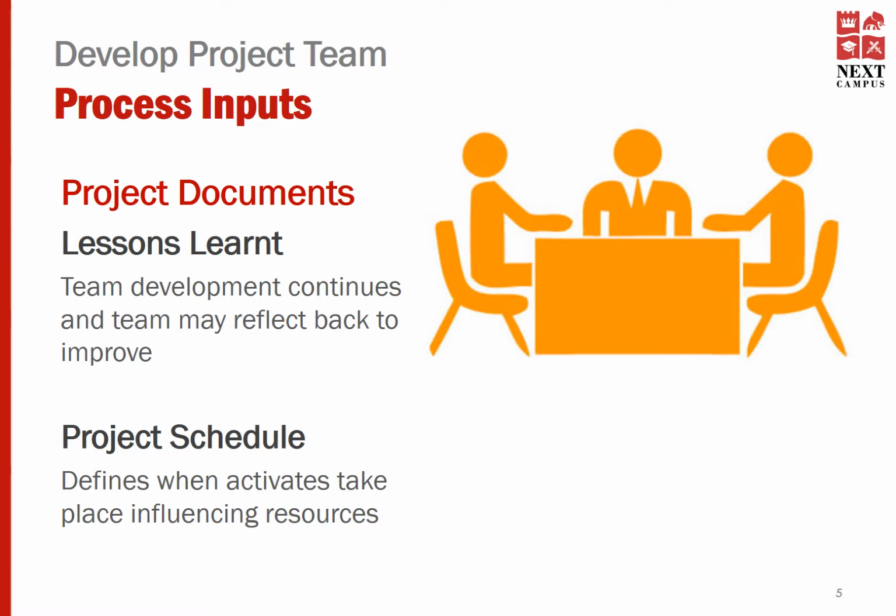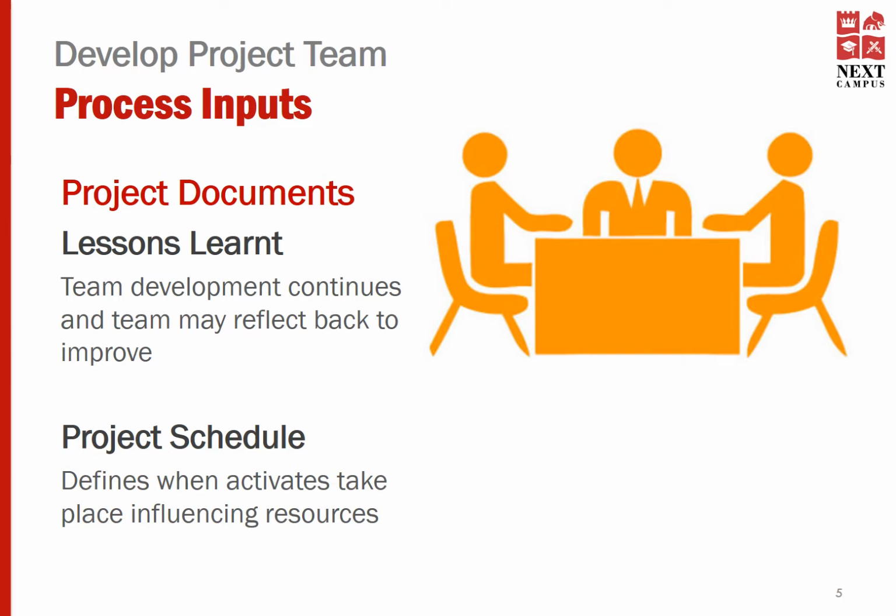Another type of process input which is crucial is project documents. There are quite a few documents that have to be updated correctly during the develop project team process. Number one, lessons learned.